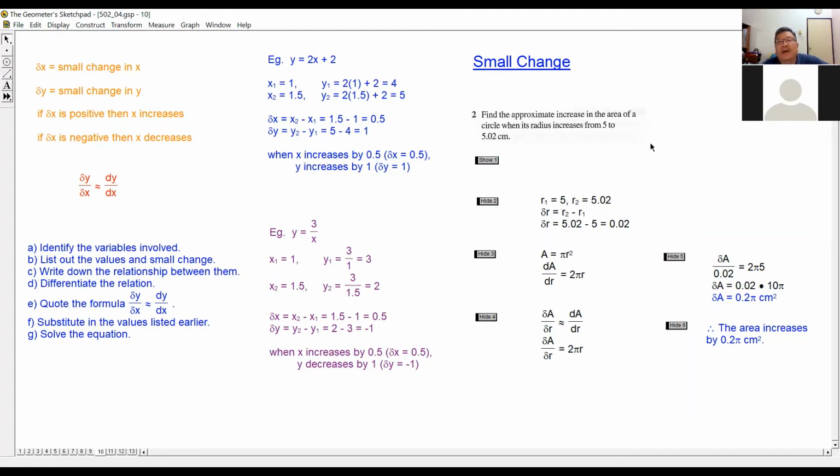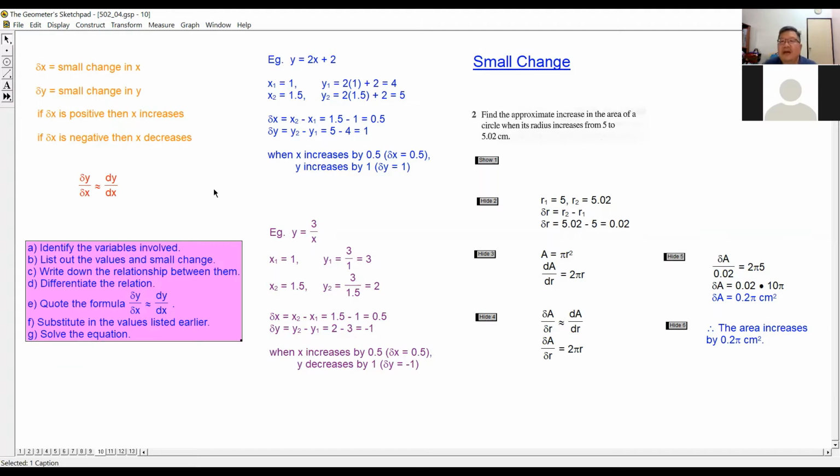First, like in our previous question, you have to identify the variables involved. Then list out the values and the small change. Write down the relationship, differentiate the relationship, quote the formula, substitute inside. Can you remember the rate of change is something like this?